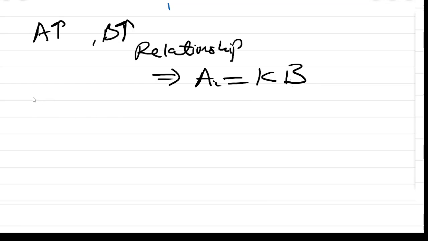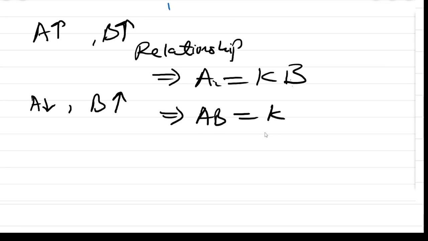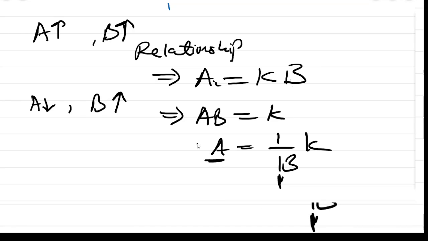On the other hand, if a decreases and b increases, the relationship between them is ab equals k, or a equals 1 over b multiplied by k, showing you that as a goes up, b must go down, and as a goes down, b must go up as well. So those are the two relationships for inverse and direct proportion. This is direct, and this is inverse.